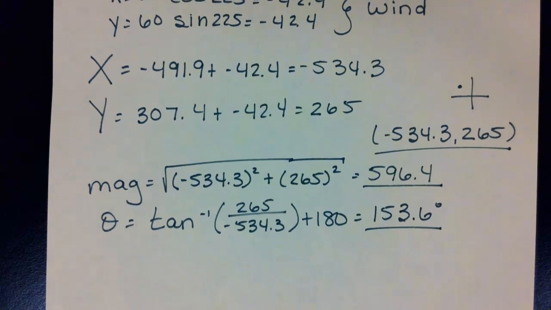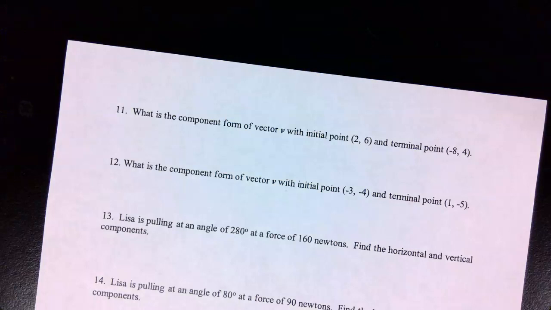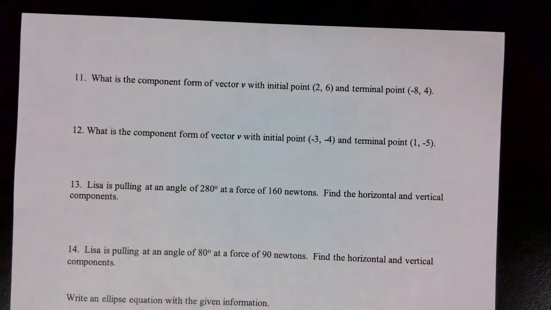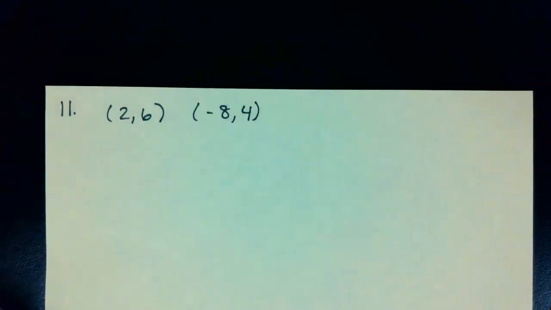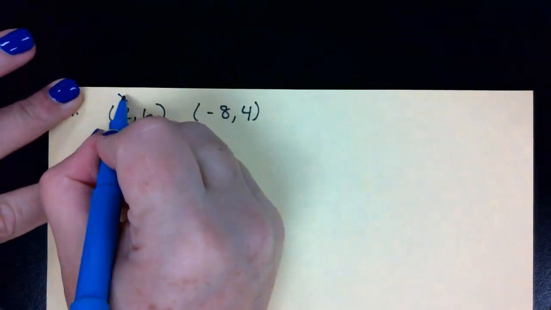Okay, so let's look at another question. Number 11. So we're going back to component form. For number 11, we get 2, 6, and we have negative 8 and 4. So my advice is label, label, label.